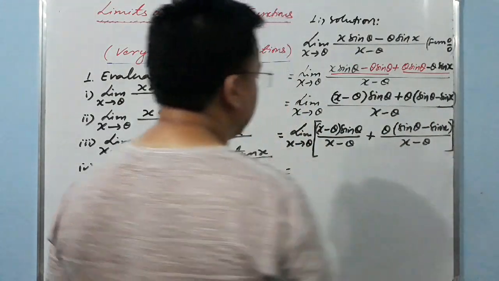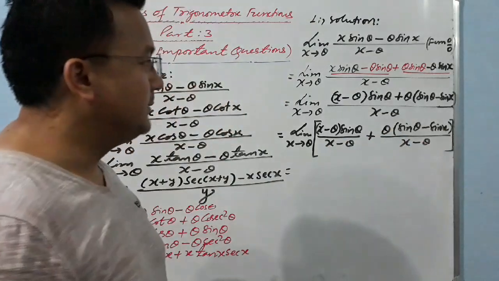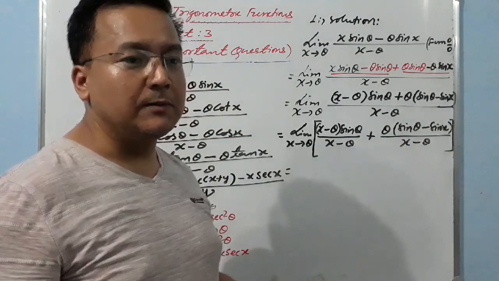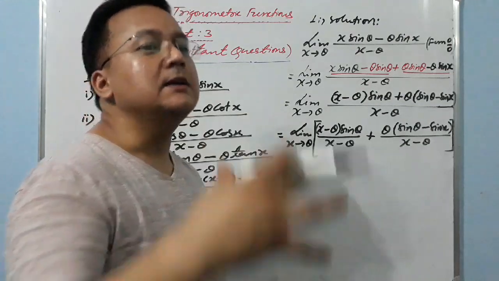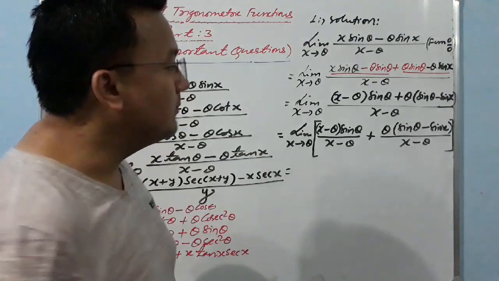Now we will write this separately: the limit of this function plus the limit of this function, as we have studied already in the limit theorem. If we have a limit of f of x plus or minus g of x, then we can write the limit of f of x plus the limit of g of x.